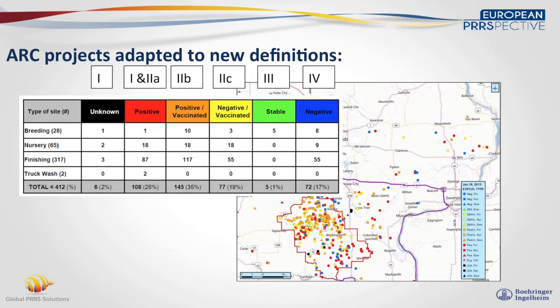Now, they wanted to subdivide those that were unknown. They felt the unknowns had a different risk. Those people weren't testing, they weren't reporting, they weren't participating. And so they wanted to keep them in their own category, although they are also a 1, and some of these positives are also a 1.